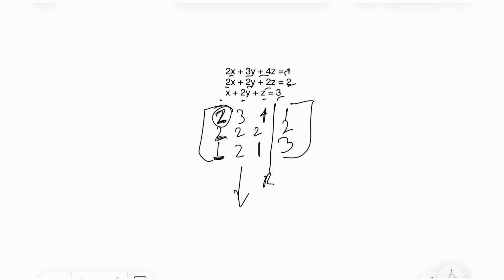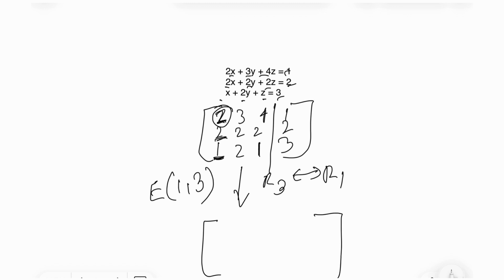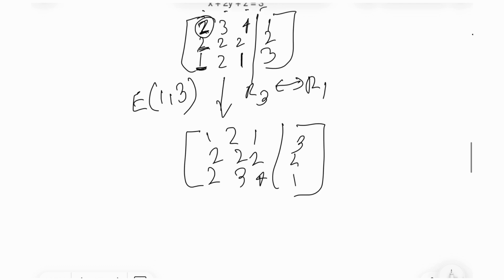So basically taking R3 and swapping it with R1, or exchanging rows 1 and 3. So this becomes 1, 2, 1, 3. This stays the same. This becomes 2, 3, 4, 1. What have we done? Just swapped.